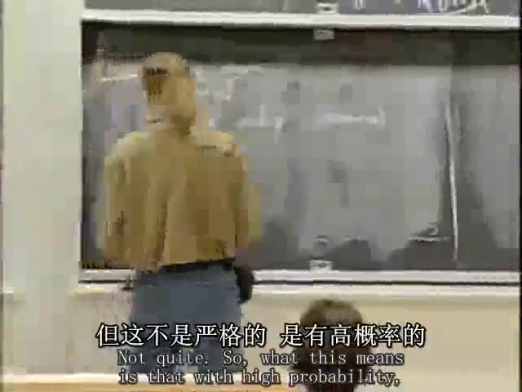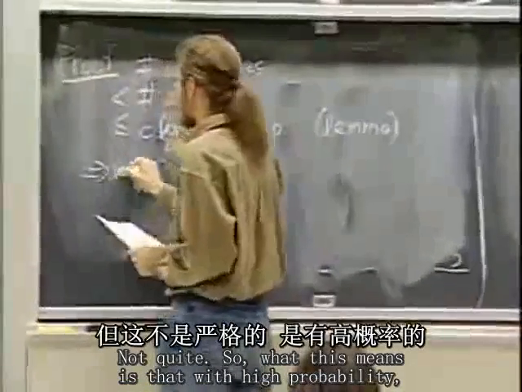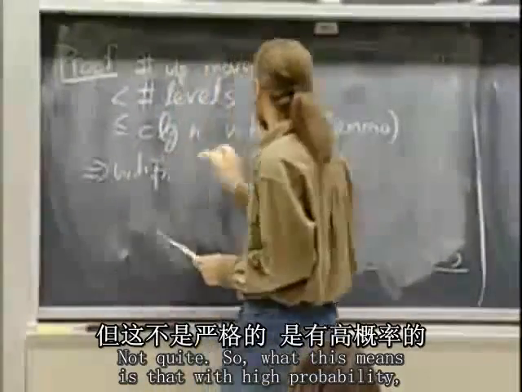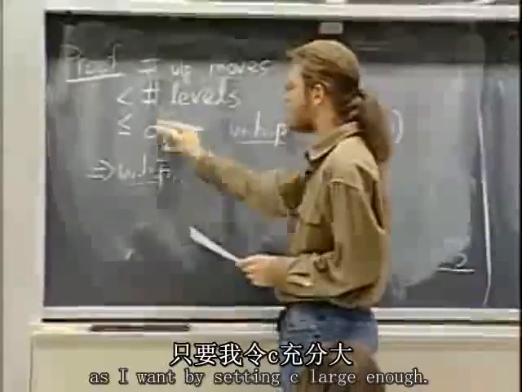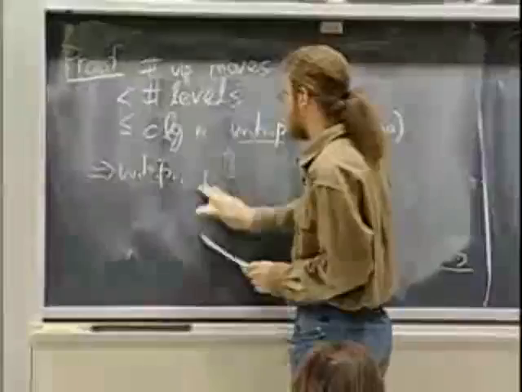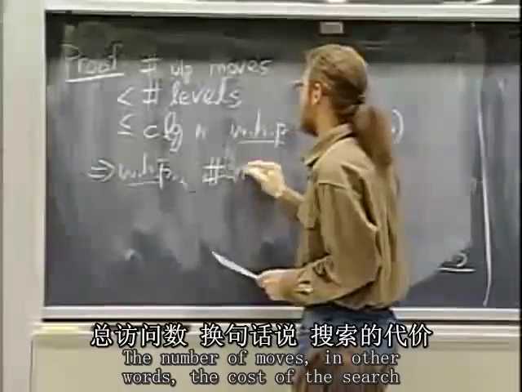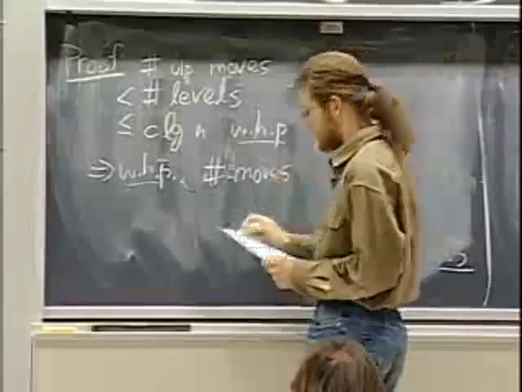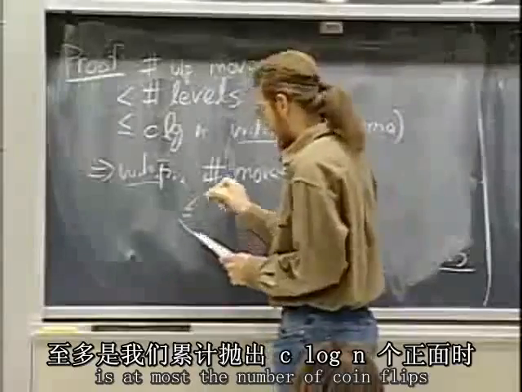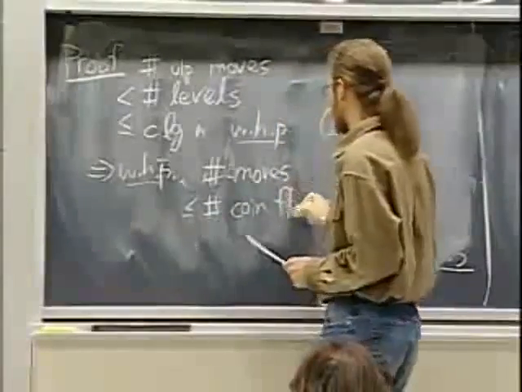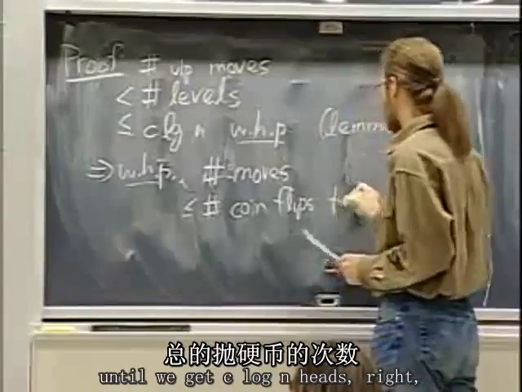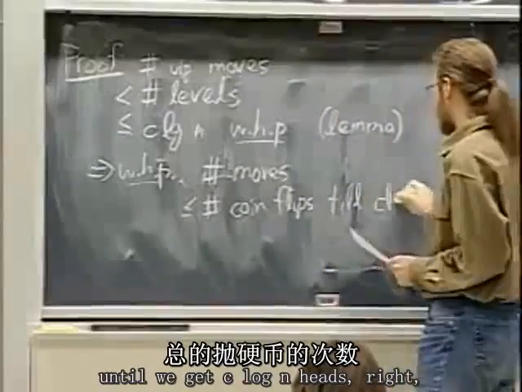Not quite. So what this means is that with high probability, so this is the same probability, but I can choose that as high as I want by setting C large enough, the number of moves, in other words, the cost of a search, is at most the number of coin flips until we get C log n heads.